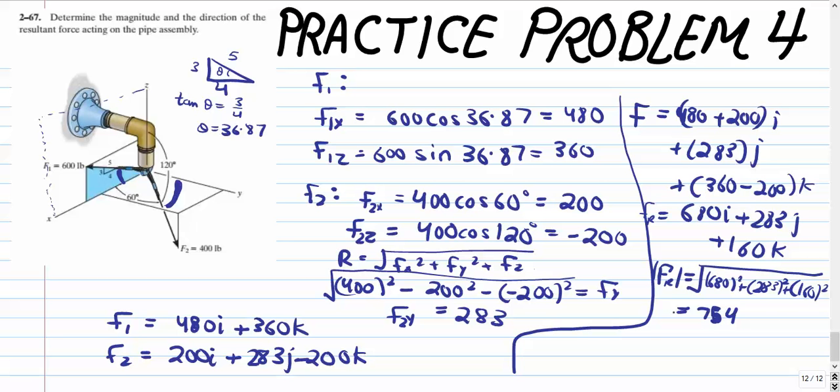Now to find the angles between the resultant force vector and each of the x, y, and z axes, we will use the formula that we discussed in the previous videos, which is cos of an angle x, y, or z is equal to the component of the force along that axis divided by the magnitude of that vector.